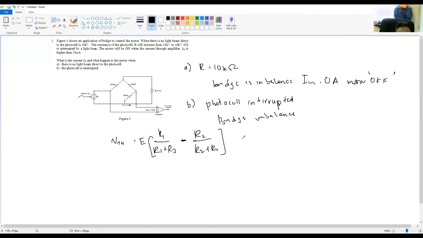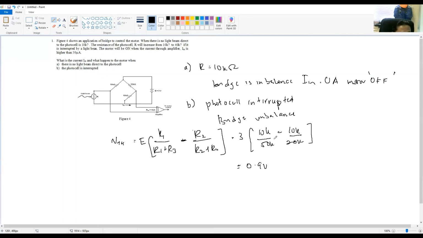That equals 10K divided by 50K minus 10K divided by 20K. Using your calculator, the answer will be 0.9 volt.